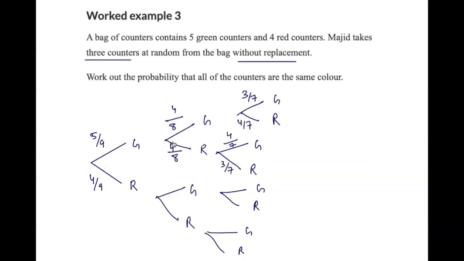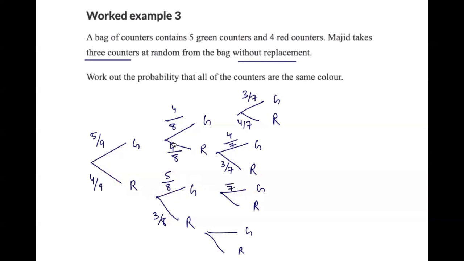Okay. Now let's try this one. If the first counter was a red, then the second counter is a green. What's the probability that the second counter is a green? It's going to be 5 upon 8. 1 minus 5 upon 8 is going to be 3 upon 8. Now, if the first was a red and the second was a green, then the third counter is green. What's the probability that the third counter is going to be the green?